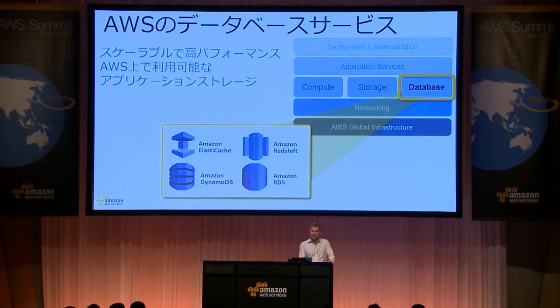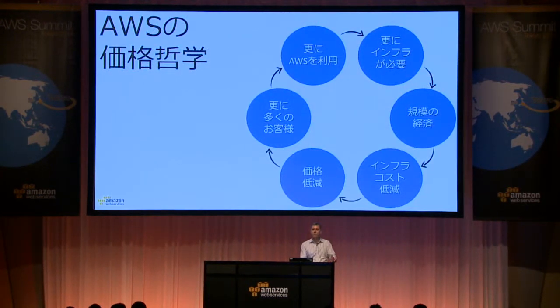When we talk about strategy, it's very important we talk about cycles. In this case, self-reinforcing cycles. You may have seen this previously. This is the pricing philosophy that we have at AWS, and that is based on customer usage. Customer usage drives more infrastructure for us.